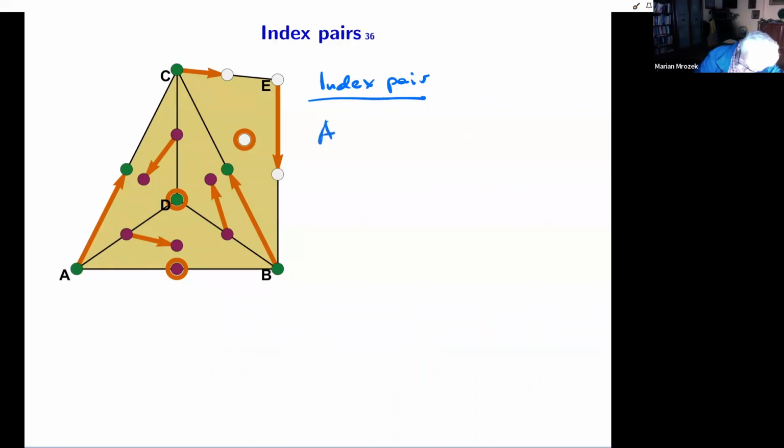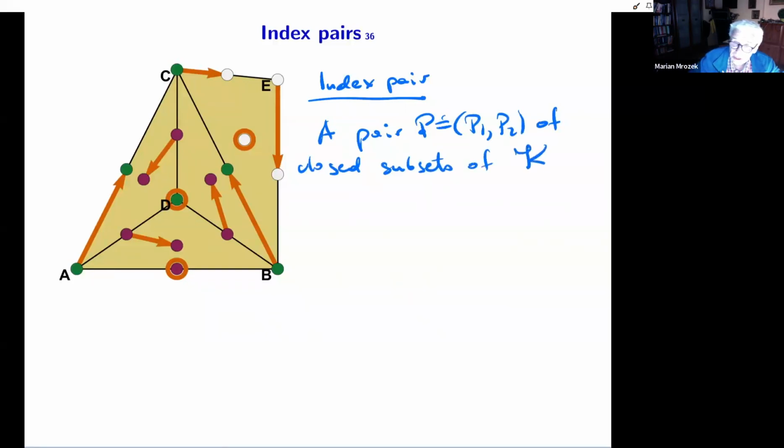So a pair P of closed subsets of our cellular symmetrical complex K is an index pair for an isolated invariant set S if there are three conditions.